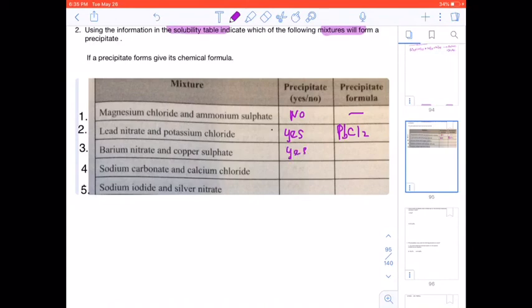Yes. And what would the precipitate be? BaSO4. And the next one, sodium carbonate and calcium chloride. What are we going to have? We're going to have calcium carbonate. Yes, it is insoluble.